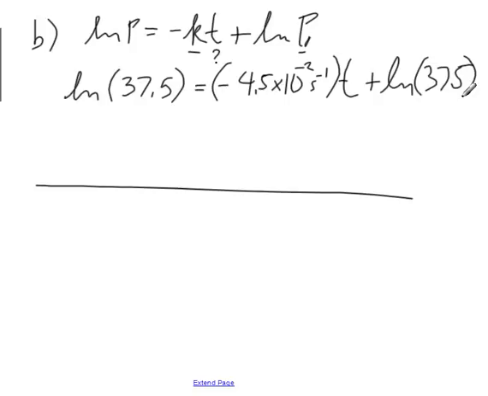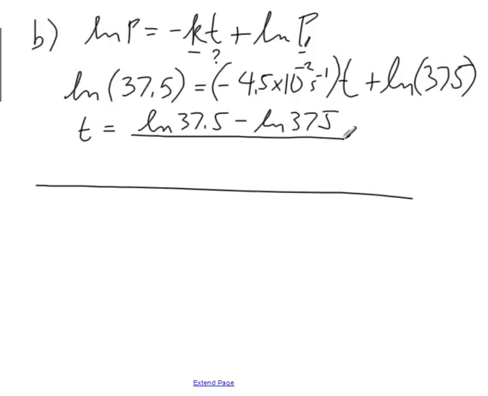You don't have to do any inverse logarithms. You don't have to do any e to the power of. So t will equal the natural log of 37.5 minus the natural log of 375, all divided by negative 4.5 times 10 to the minus 2. And because the units for k are in per seconds, this time is going to come out as seconds.